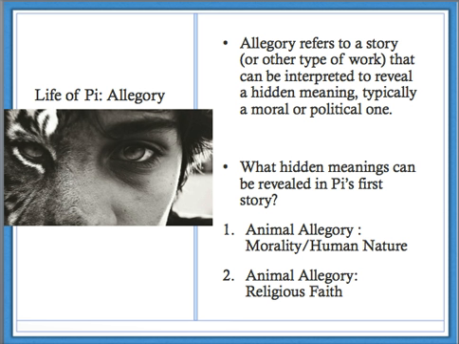So if we look at animal allegory, the animals that Pi selects to represent himself, I guess, in the first story, he chooses a tiger, an orangutan, a hyena, and a zebra to represent the human survivors aboard his boat.